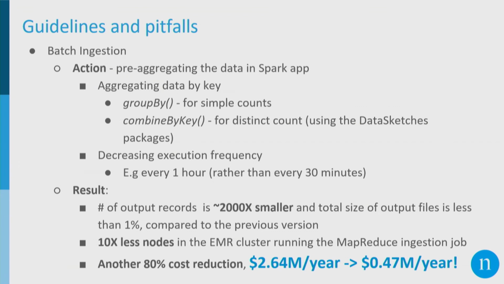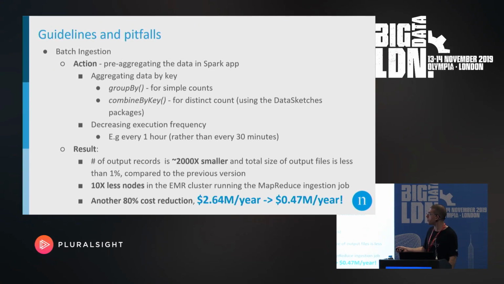So we aggregate the data, either using Spark's group by action for simple counts or combine by key for distinct count, and also increased the length of the microbatch from 30 minutes to 1 hour to get a better aggregation ratio. We're talking about a factor of 2,000 in terms of how many output records we had before that optimization and after. And in total, we were able to save over $2 million yearly for that optimization alone.